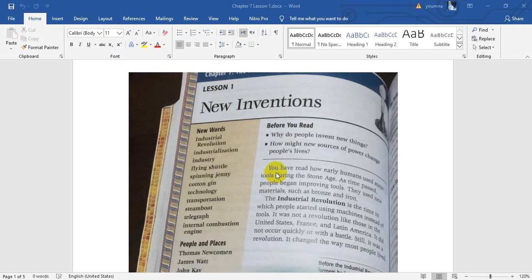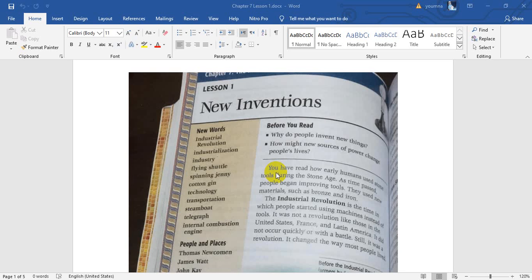Here, you have read how early humans used stone tools during the Stone Age. So they were using tools made of stone to do some work. As time passed, people began improving tools. They are doing them better and better to make their work easier and to make it faster.